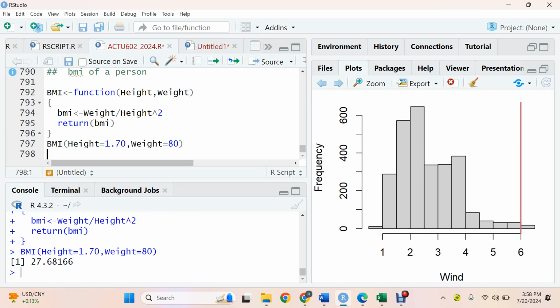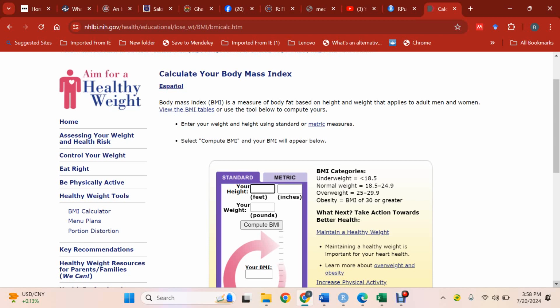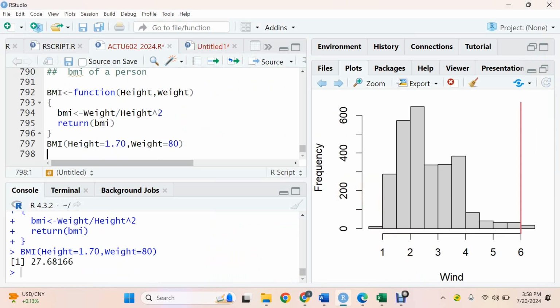So the BMI is 27.68. So this is the structure: the name, the function, these are the arguments. This is the body, just one line. You return this. That's the result.